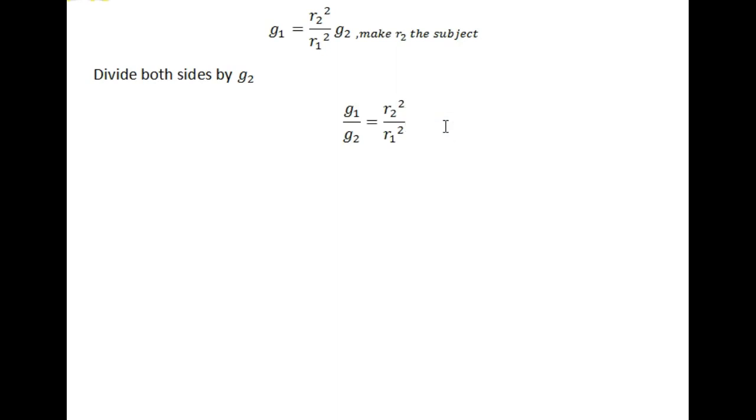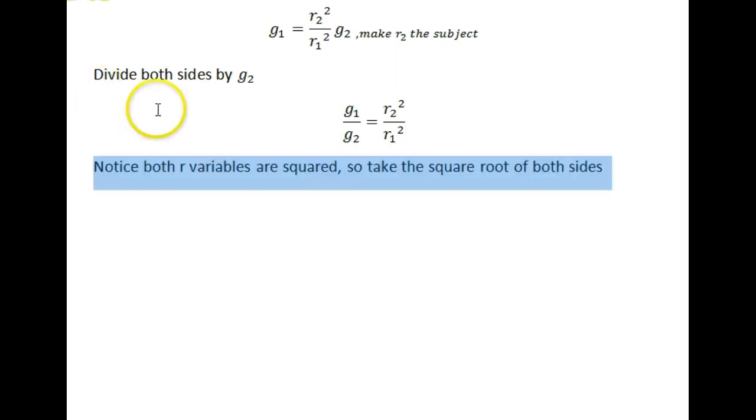Now there's a lot of different ways to proceed from here, but one quite efficient way is to notice that both R's are being squared. And because that's happening, we can actually take the square root of both sides. That'll make this square disappear, and also this square will disappear, because we've undone them.